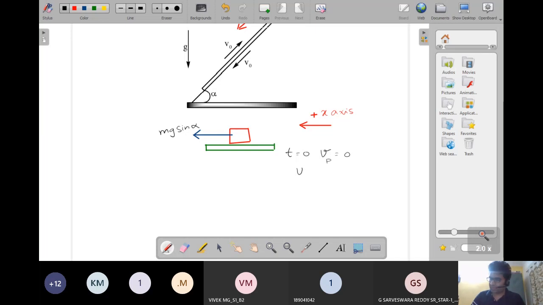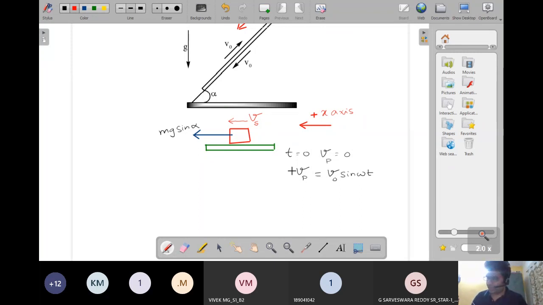And I'll assume vp is given by a sinusoidal motion, v naught sine omega t. Not only that, in steady state, I'm assuming that the block is moving in the leftward direction, which is the down-the-incline direction, with a steady velocity v steady. So this is how I'm assuming this particular motion.